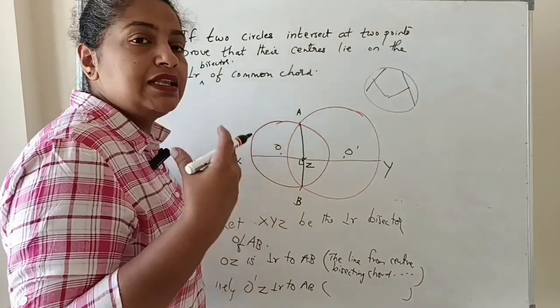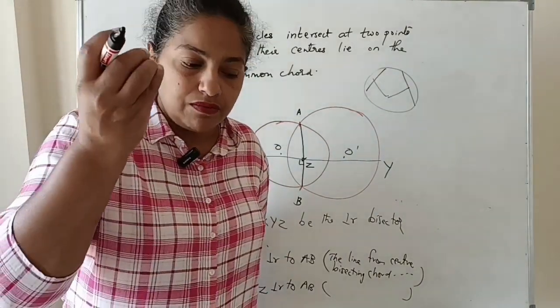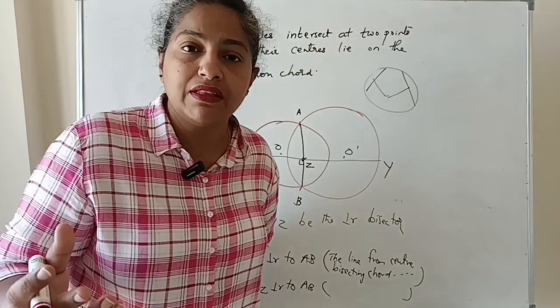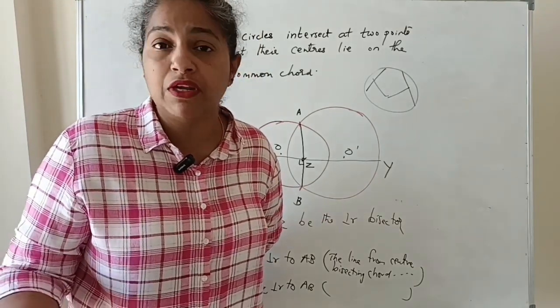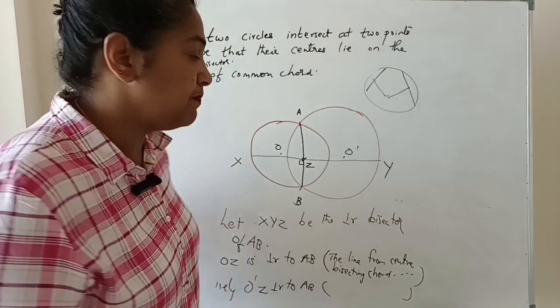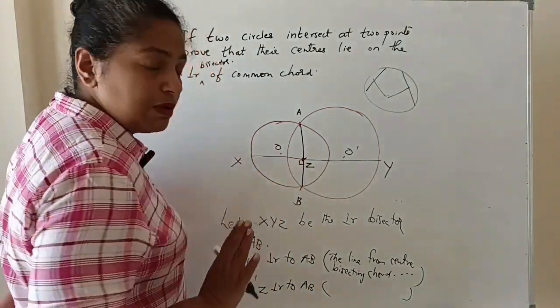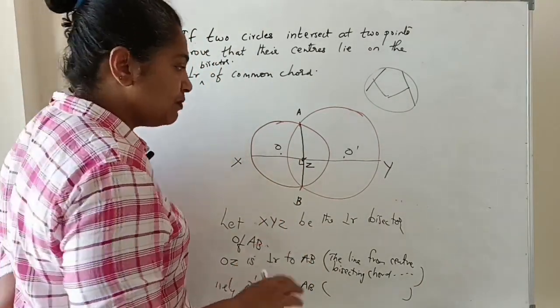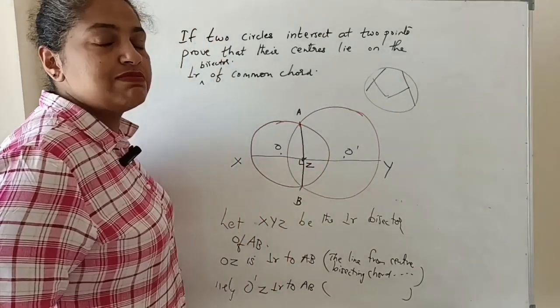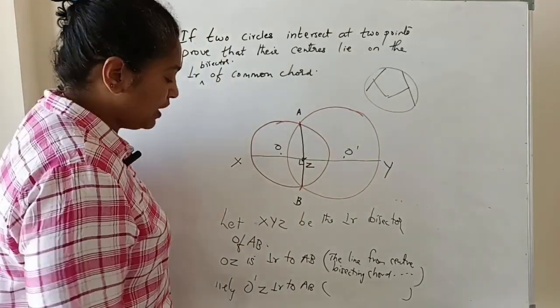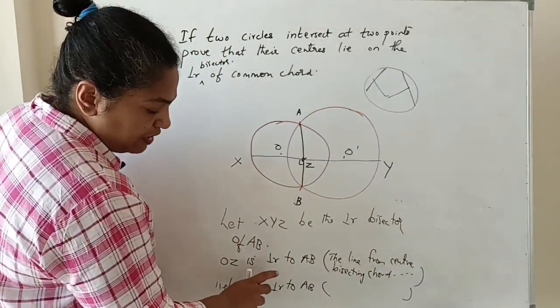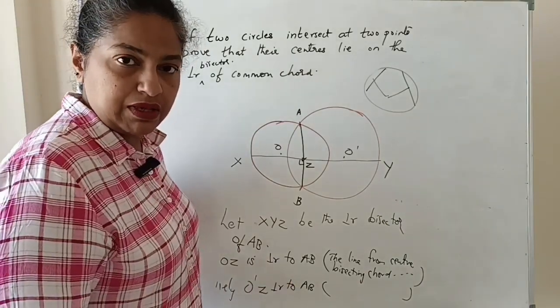The reason being, the line from the center to a chord which bisects the chord is perpendicular to the chord. It's a converse of the theorem. So OZ has to be perpendicular to AB. Similarly, O dash Z also has to be perpendicular to AB.